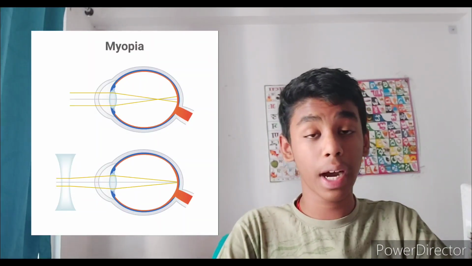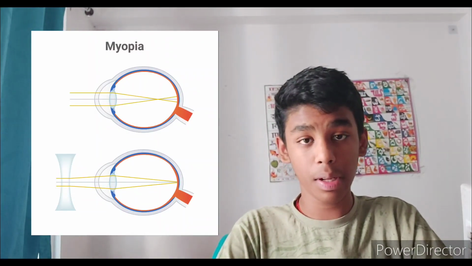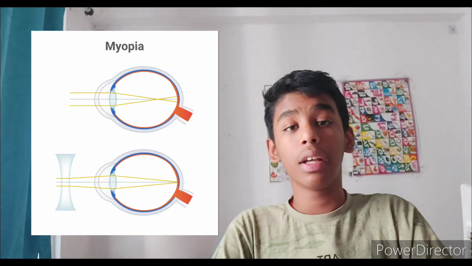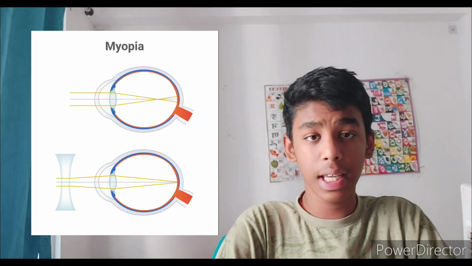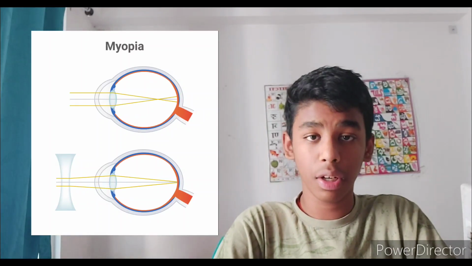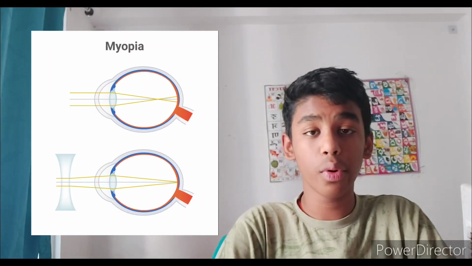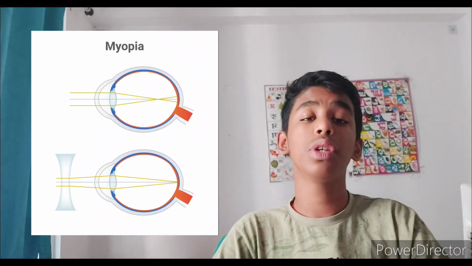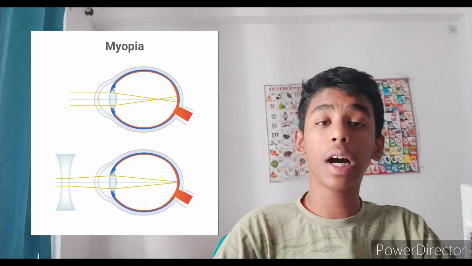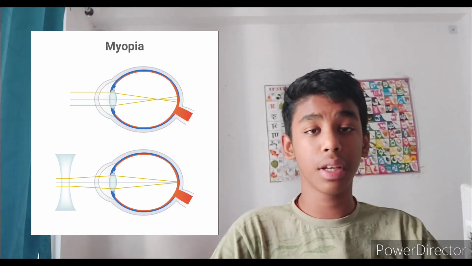Myopia is caused by the large size of the eyeball, and the power of the crystalline lens is very high. A person affected with myopia can only see things which are near to him, but cannot see things which are far from him. So his far point is nearer than infinity.